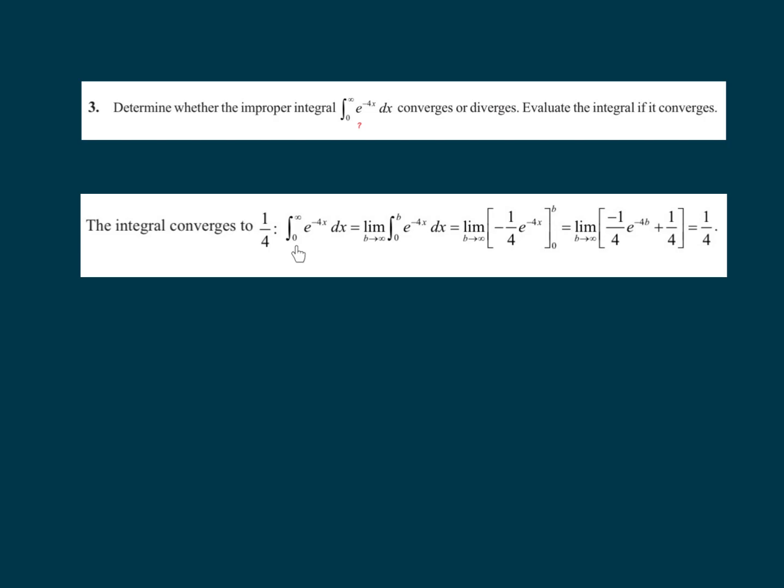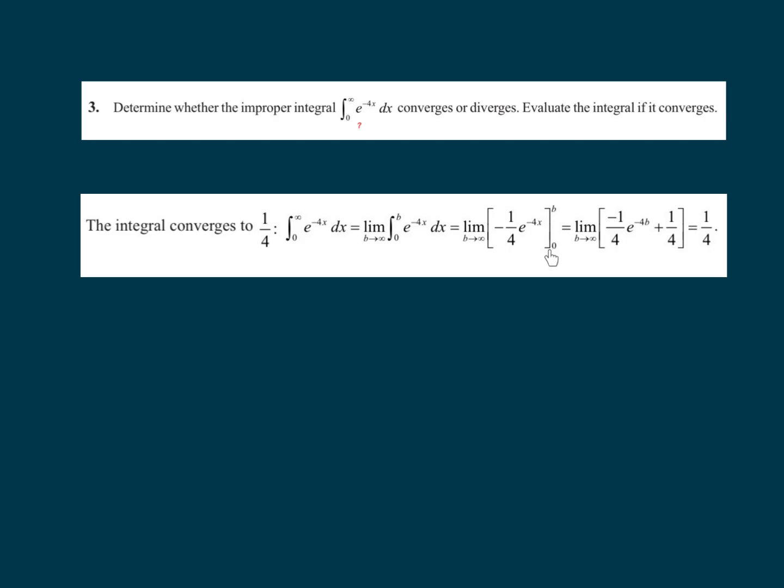The integral from 0 to infinity of e^(-4x) dx: we take the limit when v goes to infinity of the integral from 0 to v of e^(-4x). What is the antiderivative of e^(-4x)? It is -1/4 e^(-4x). Evaluated between v and 0, it is -1/4 e^(-4v) plus 1/4.